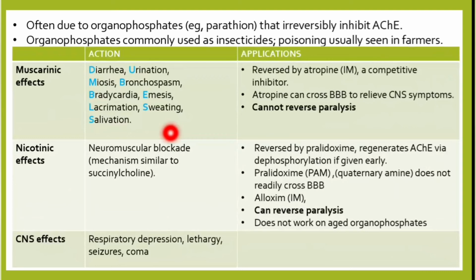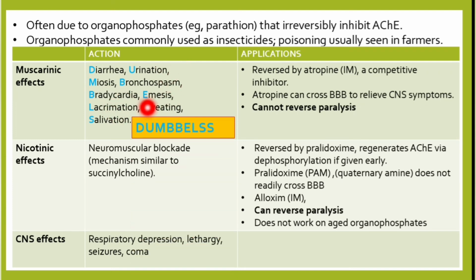Right, so organophosphates have muscarinic effects, nicotinic effects, and central nervous system effects. All right, let's start with muscarinic effects. Right, so organophosphates cause diarrhea, urination, miosis, bronchospasm, bradycardia, emesis, lacrimation, sweating, salivation, right? So there is a mnemonic, it's called DUMBELLS.